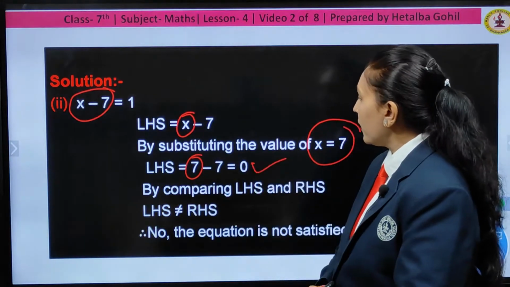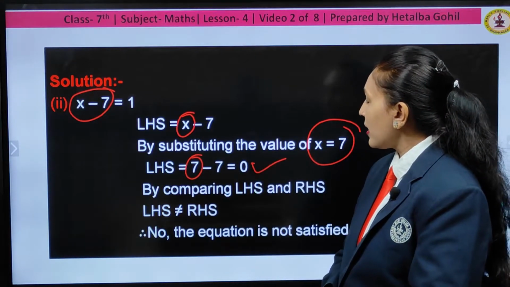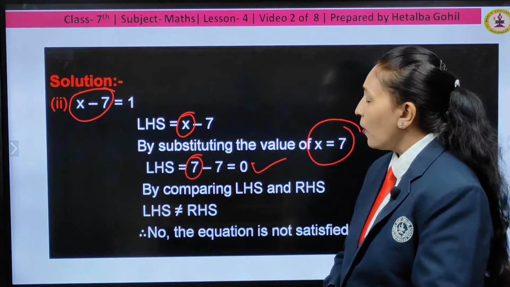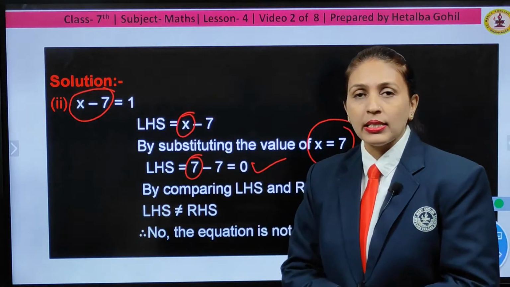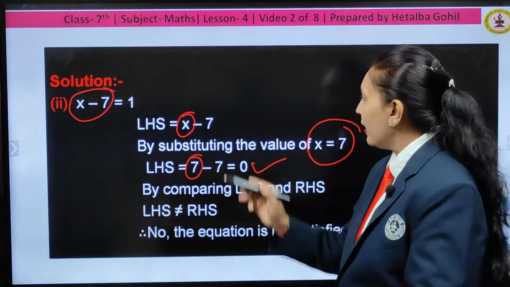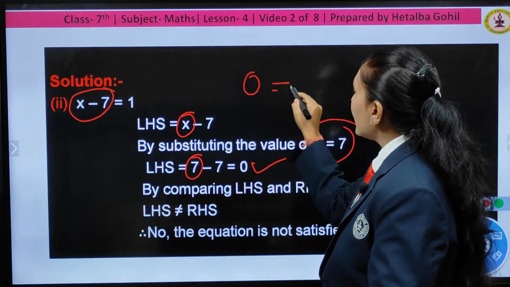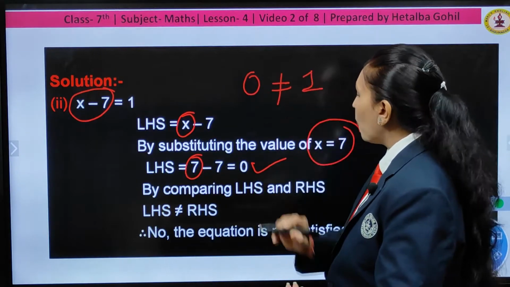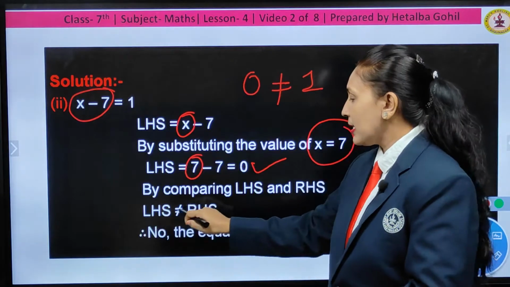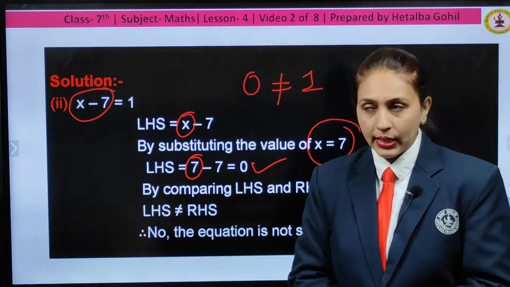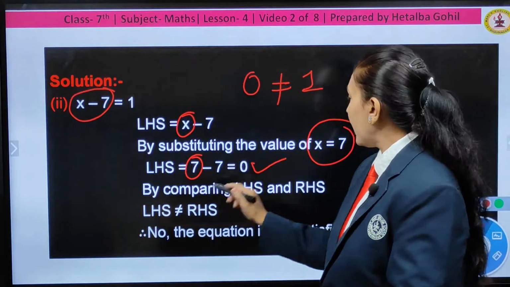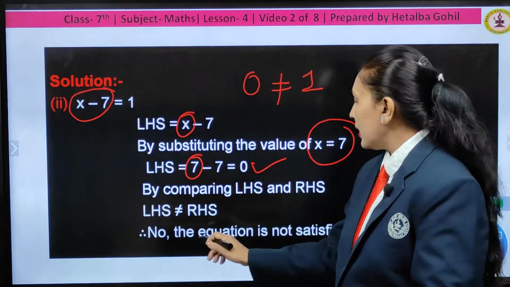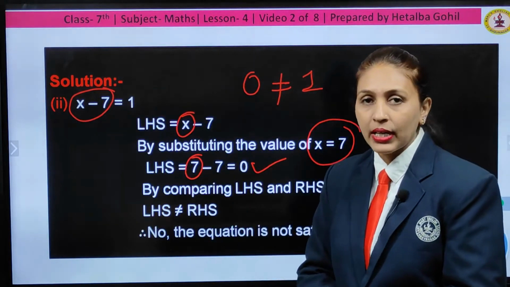Right. But in the question the RHS is given as 1. That means 0 is not equal to 1, so LHS and RHS are not equal, and hence the value of x, which is 7, does not satisfy the given equation.